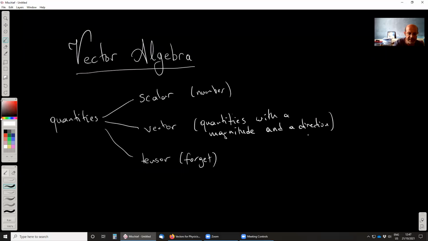And a lot of quantities in physics are of that kind: velocity and acceleration, force, electric and magnetic fields, and things like that. They have a direction, and this direction is important for physics, right? Some directions actually make an important difference. So if the velocity is like that and the acceleration is perpendicular to that, something else happens there. We will talk about some of these.